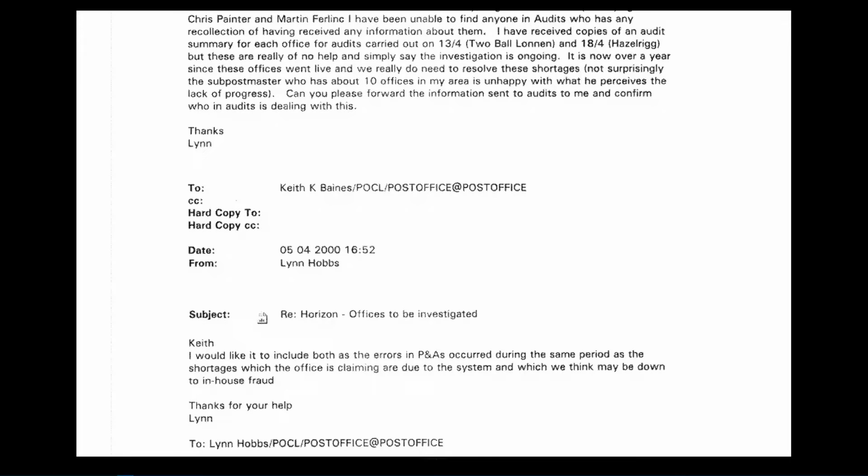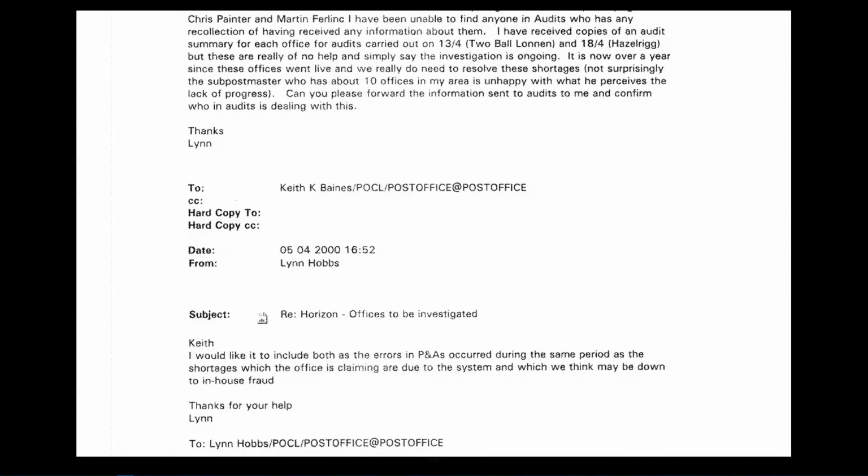Pausing there, do you remember, was it common for branches to be complaining that errors are due to the system? I'm not sure common, but it had been heard. I had from auditors feedback to say there was a discrepancy and the sub-postmaster believed it to be a system error.